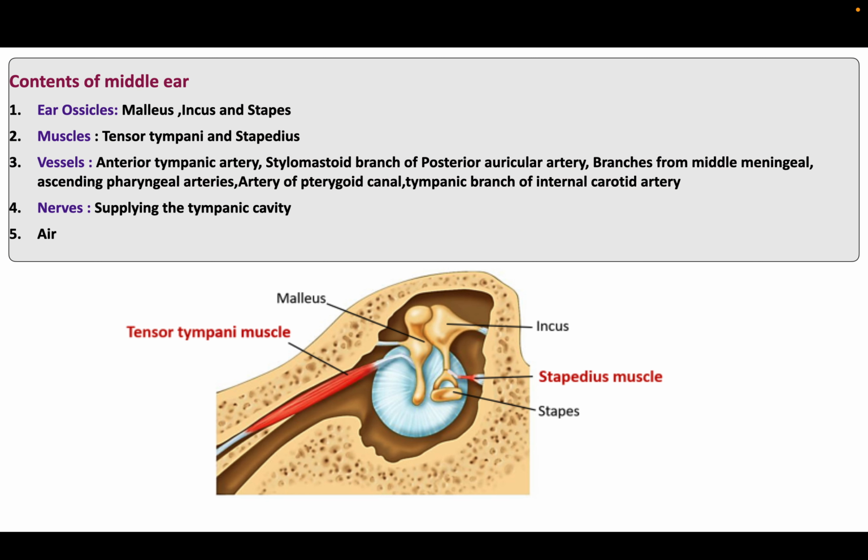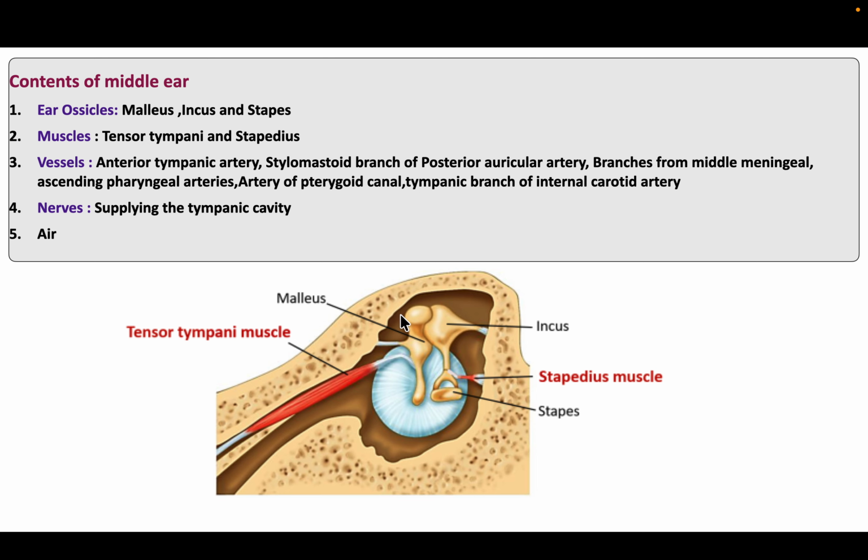Now we have discussed the various structures present in the middle ear. What are the contents of the middle ear? It has ear ossicles, three of them: malleus, incus and stapes. Then two muscles, the tensor tympani and stapedius. The tensor tympani produces tension in the tympanic membrane, and stapedius is attached to the stapes bone.